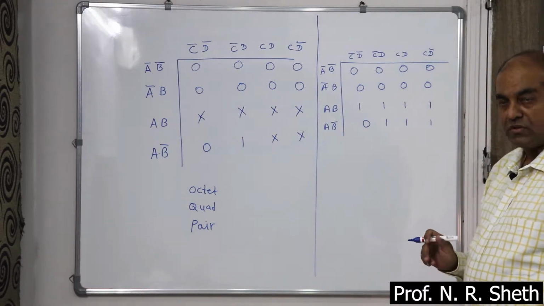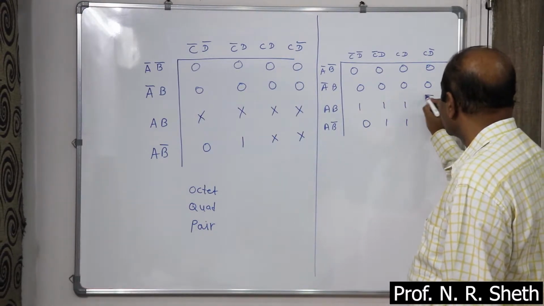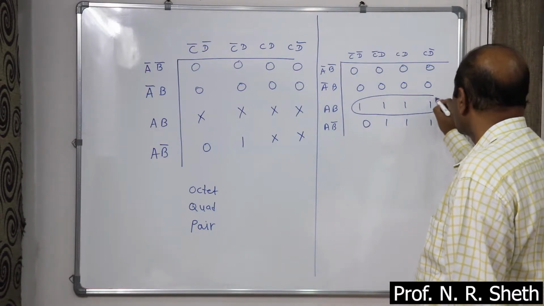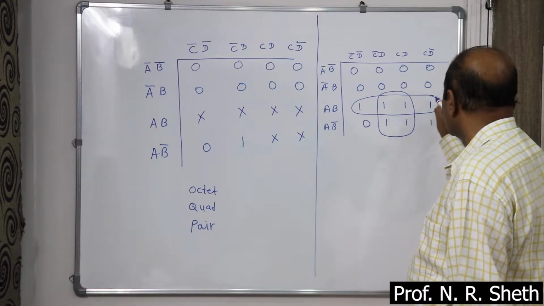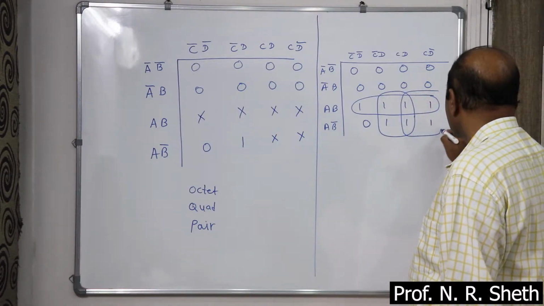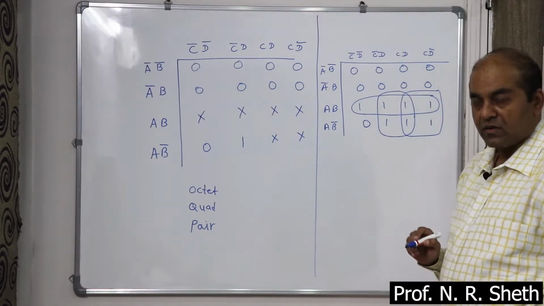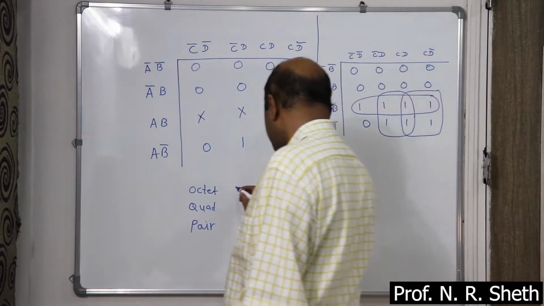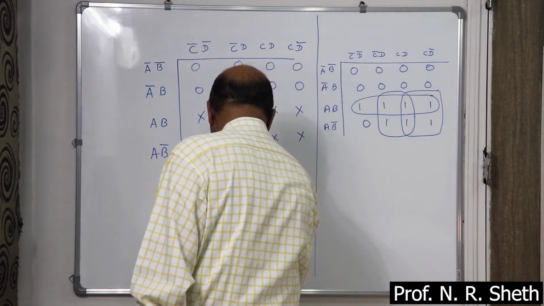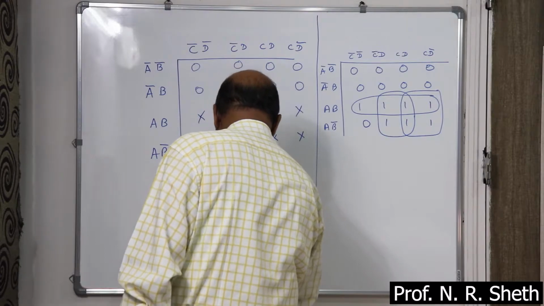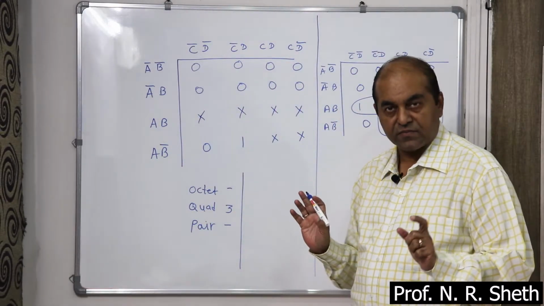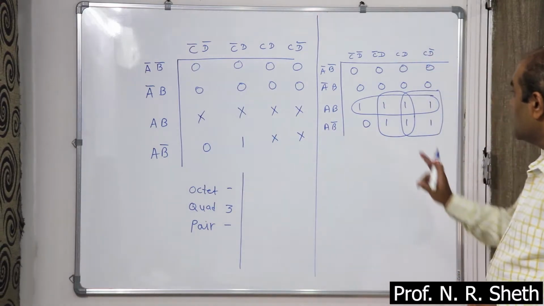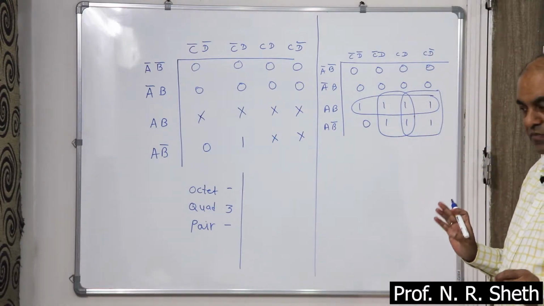In this situation, 1, 2, and 3. We have 3 quad, no pair. When we are placing all ones, okay, 1, 2, and 3.